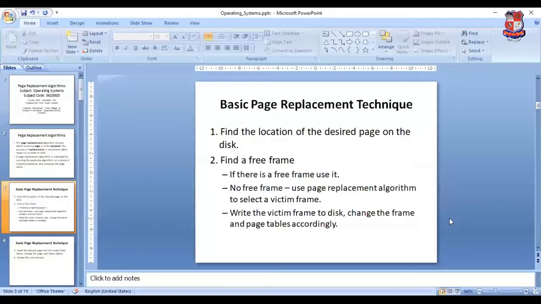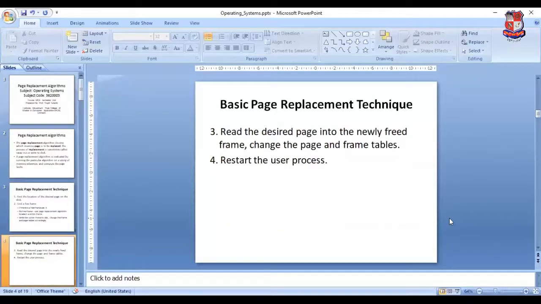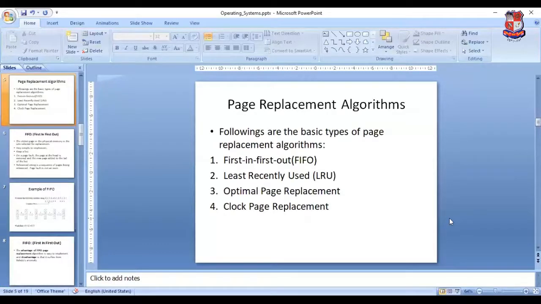Then write the victim frame to disk, and change the frame and page tables accordingly. The next step is to read the desired page into the newly freed frame, change the page and frame tables, and restart the user process.